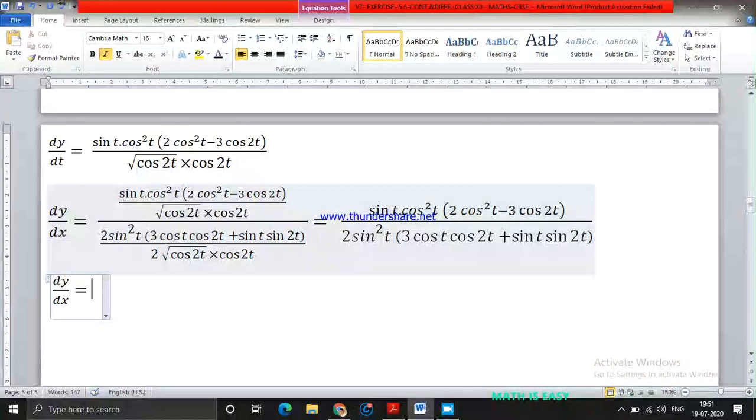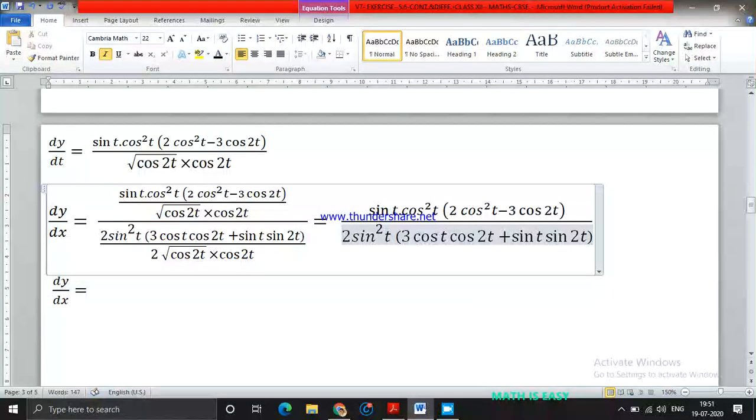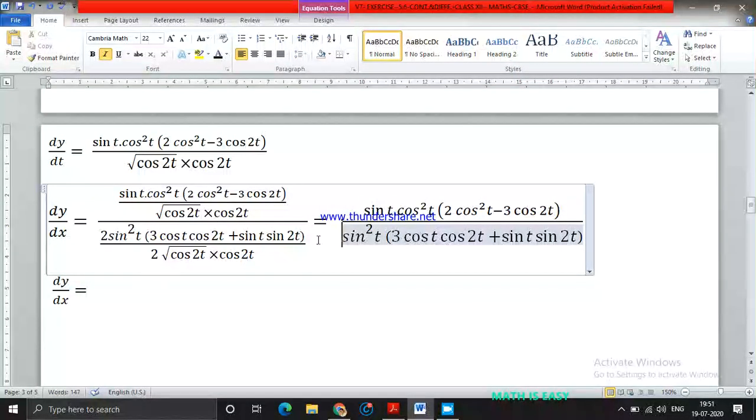Now, see any cancellations. One sin t will get cancelled. This 2 also will not be there because here 2 also will get cancelled. Here it is sin t, here it is sin square t, so one sin t will get cancelled.